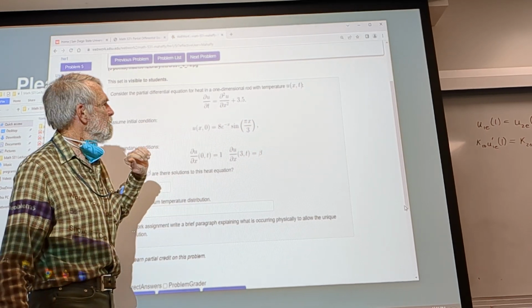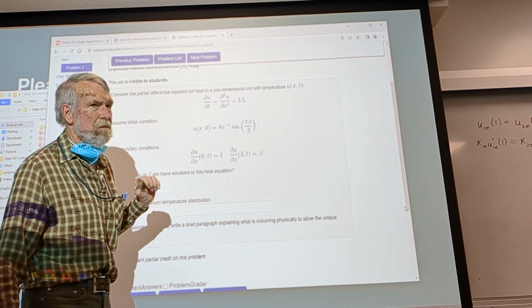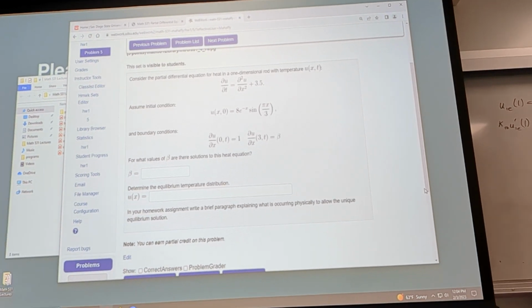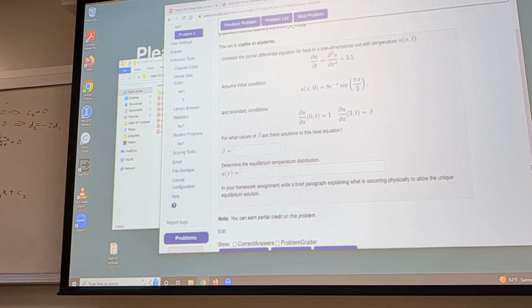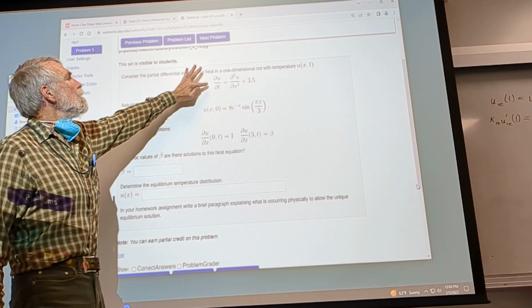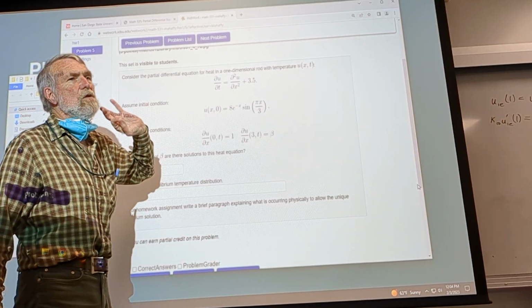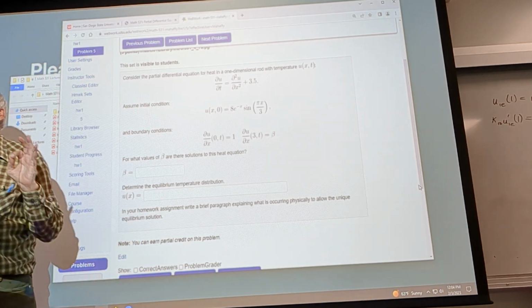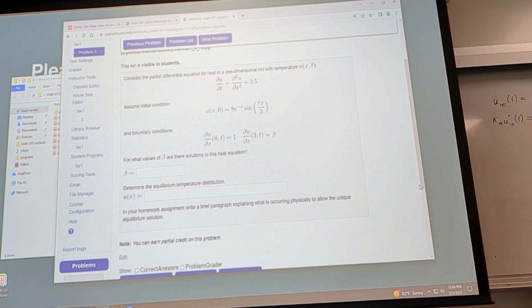Is that valid even if you're trying to find the values of beta that solve the whole heat equation, not just the equilibrium? One of the important things is the assumption that the partial of v with respect to t is equal to 0. And so equilibrium means there is no change in time.